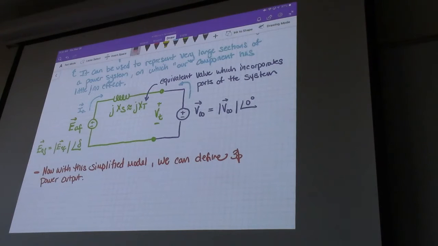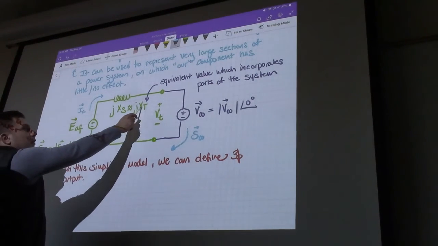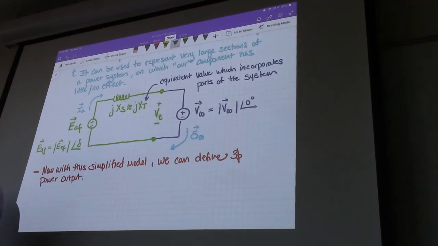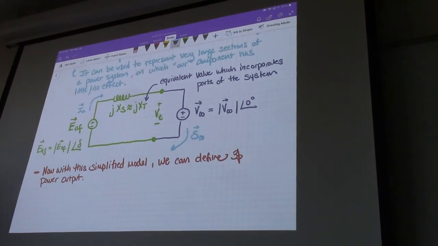I have room to draw. You know what, I can draw like this. That's the power being absorbed by the infinite bus, which, as you'll see, is equivalent to the power being generated by the synchronous machine, accounting for whatever other inductances are looped into XT.